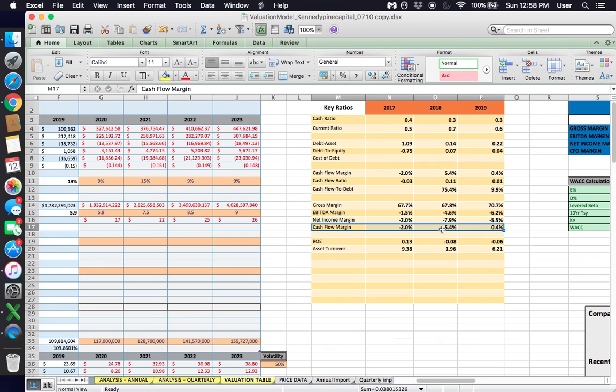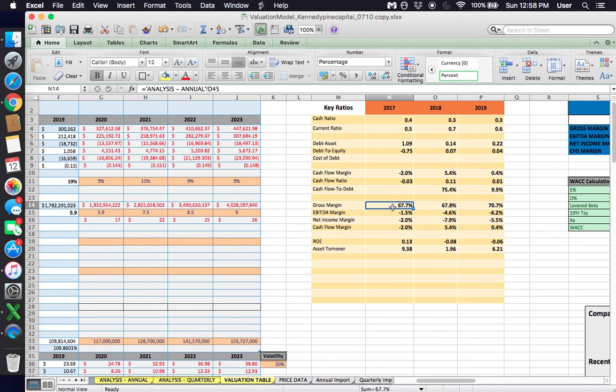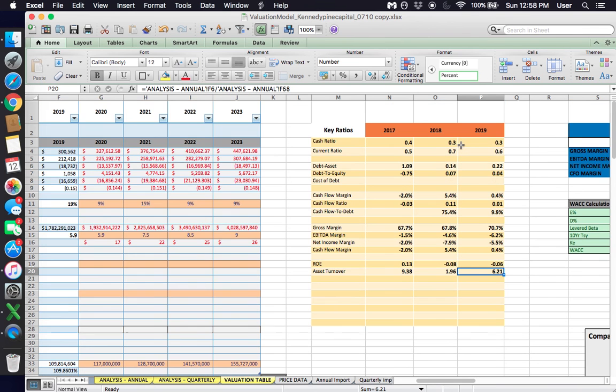So they haven't really been making a lot of cash flow from operations, but they'll get there. You can see that it is improving, slightly, but it's improving. Their asset turnover, right?